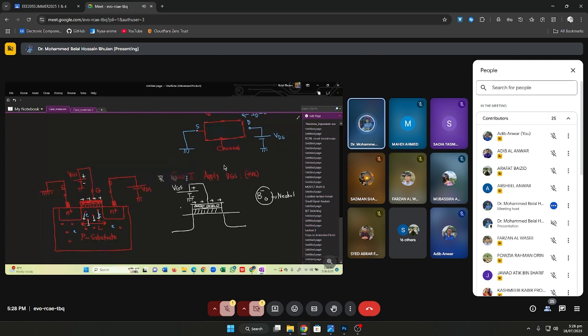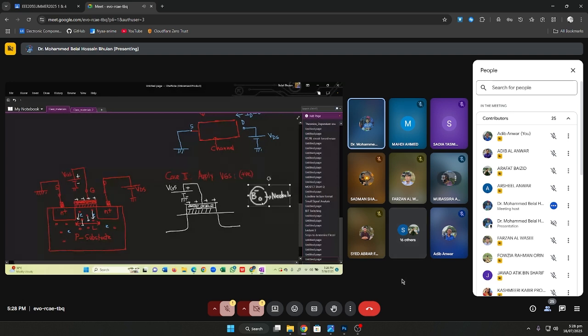If for some reason the holes move away, then it is no longer neutral. The same thing happens here.